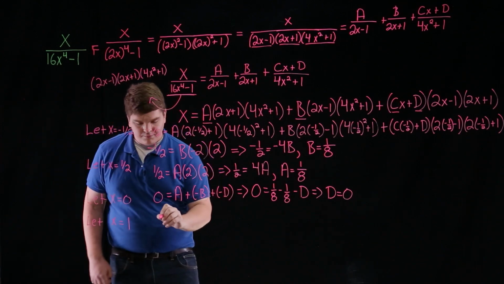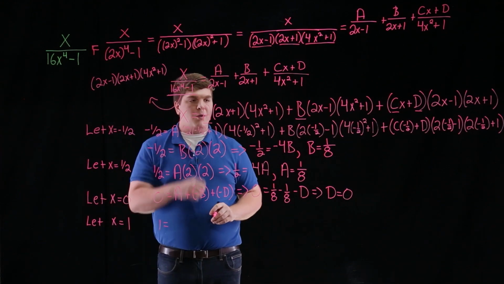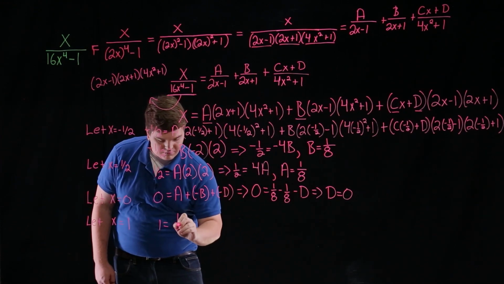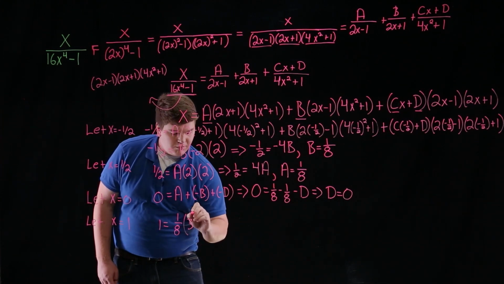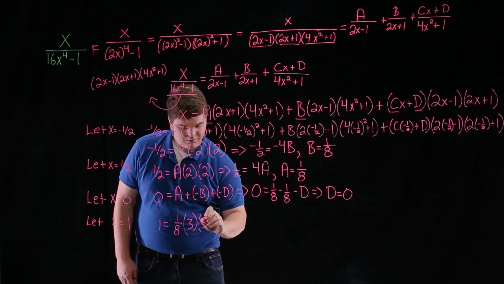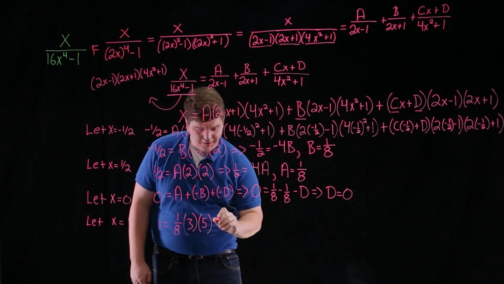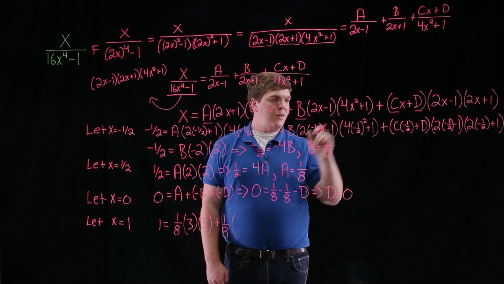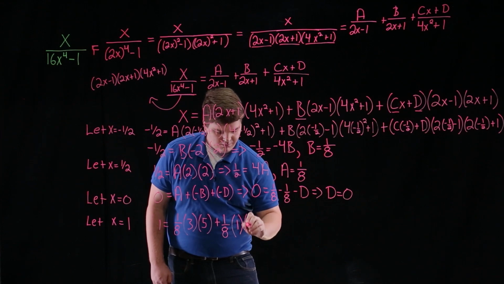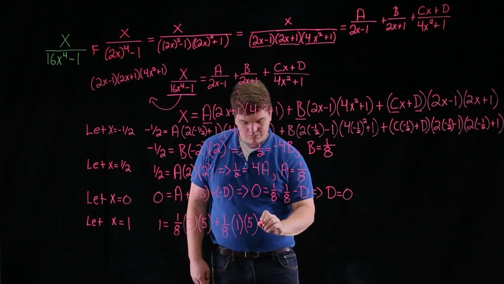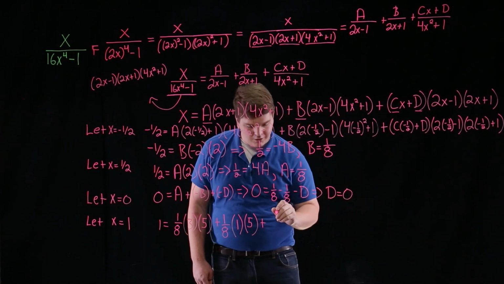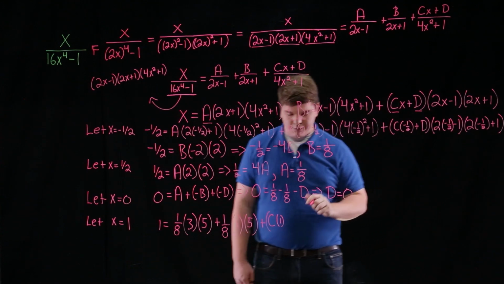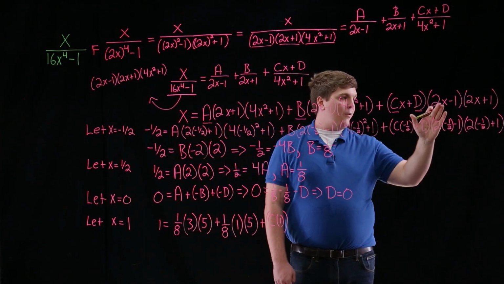So substituting x equals 1, we have 1 is equal to 1/8 times 3 times 5 plus 1/8 times 1 times 5 plus c times 1, and d we said was 0, and we're multiplying this by 1 and by 3.